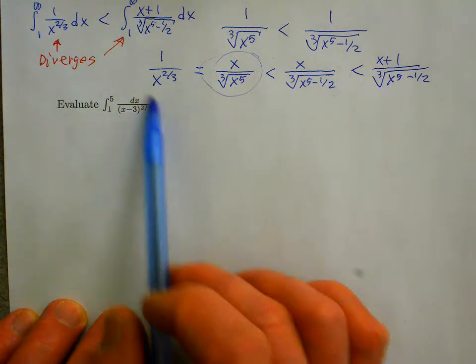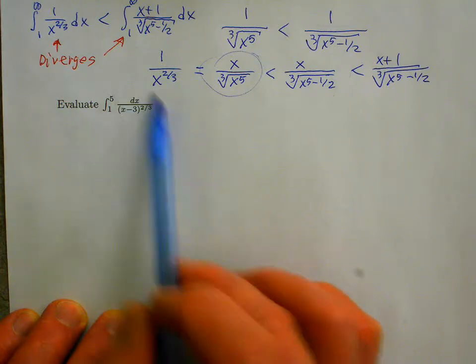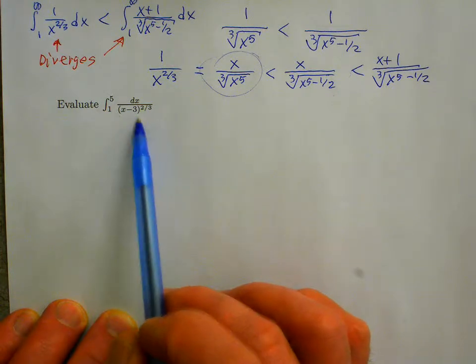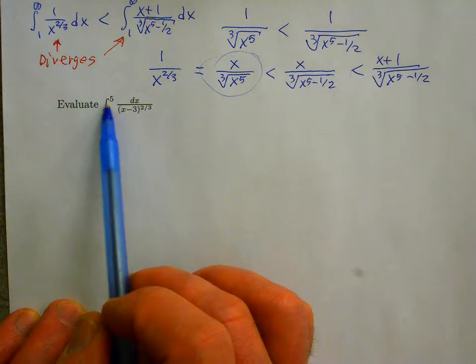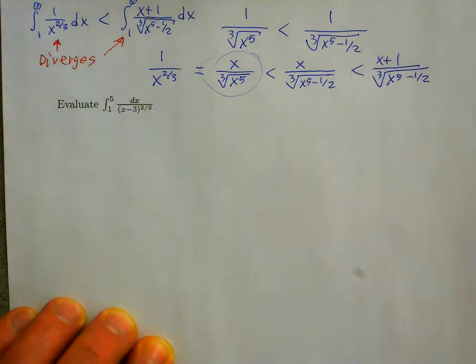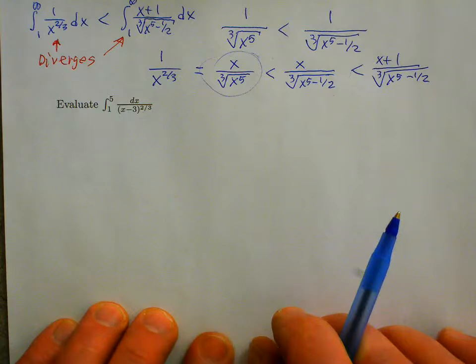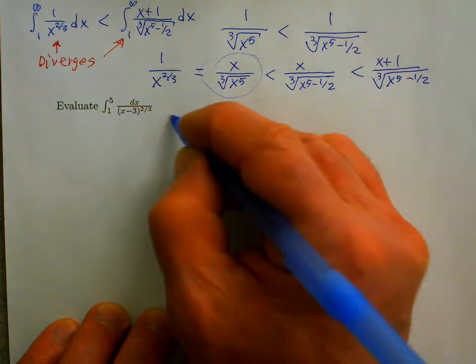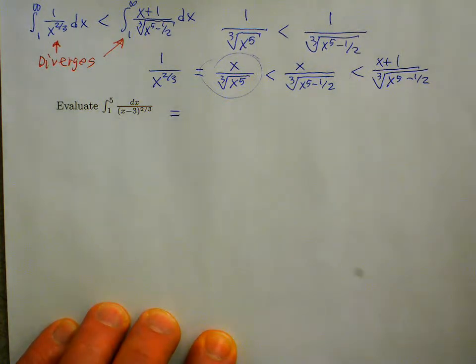Because the function that we're computing the integral of is undefined at x equals 3, which is in that interval from 1 to 5. So for this one, we write it as a sum of two improper integrals.